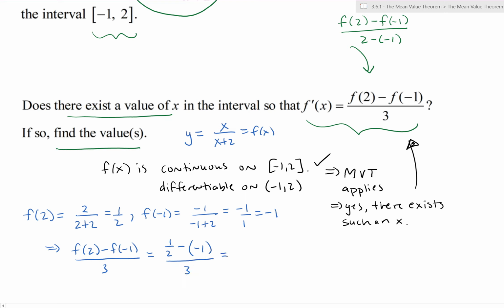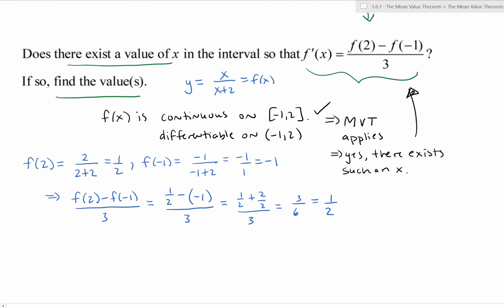And notice, 1 half plus 1 is 1 half plus 2 over 2, all over 3. So that's going to be equal to 3 over 6, which is equal to a half in this case. So the average rate of change of this particular function over this interval is equal to 1/2.